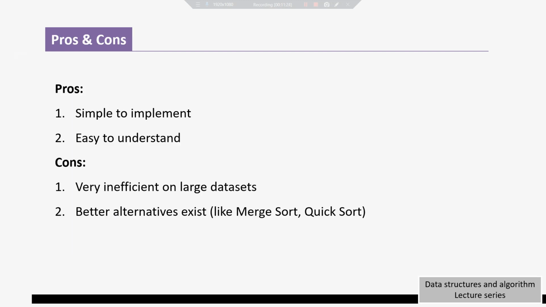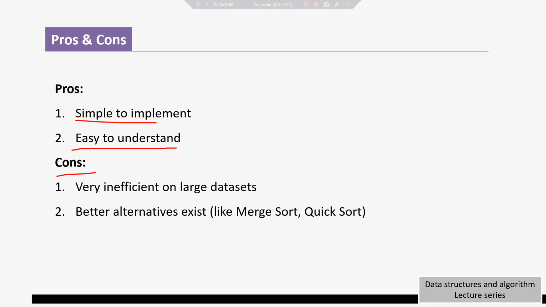So let us see what the pros and cons of this bubble sort technique are. It is simple to implement and easy to understand. You can basically visualize how the bubble sort works. The cons include that it is very inefficient on large datasets, because if the array size is large, it will compare each and every pair, right?